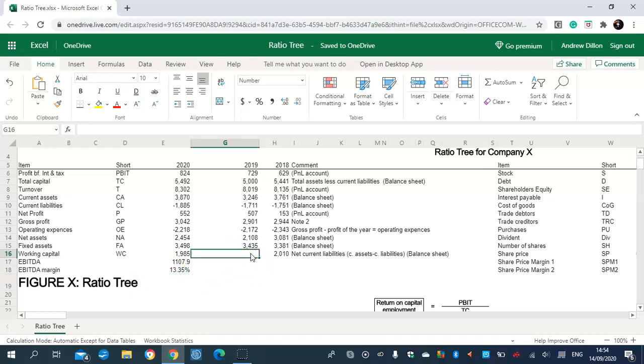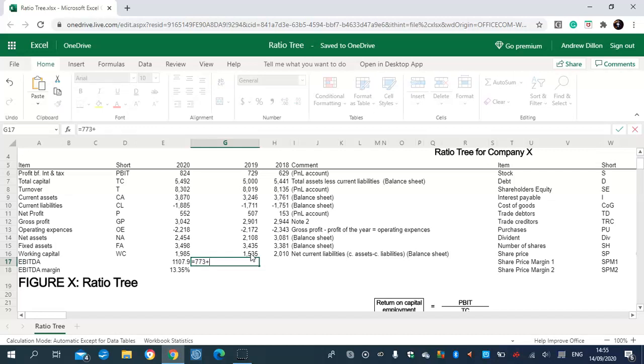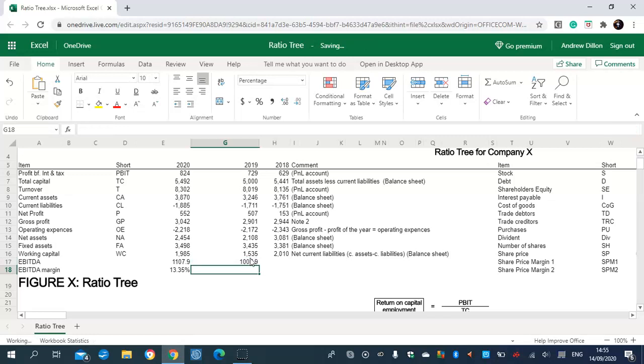It's very good. 12.57%, so that's that completed.